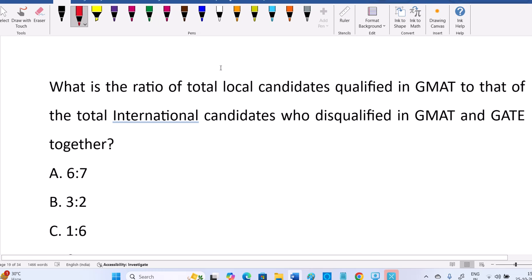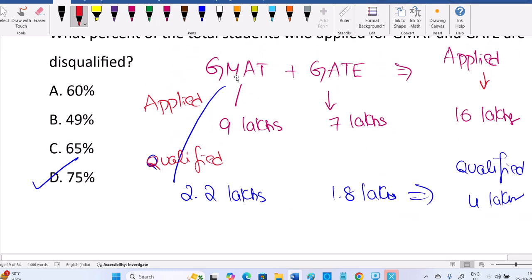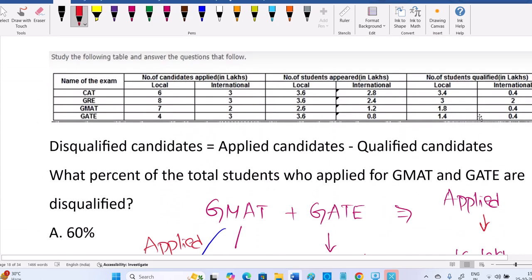Next they're asking the total local candidates qualified in GMAT, which is 1.8 actually, to that of total international candidates who were disqualified in GMAT and GATE. Local candidates qualified in GMAT: the first one, qualified in GMAT, is 1.8 plus 0.4. 1.8 is local, 0.4 is international.